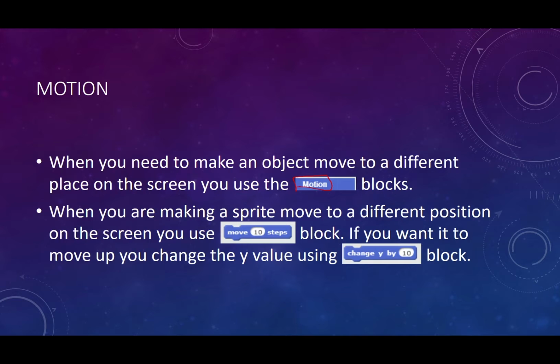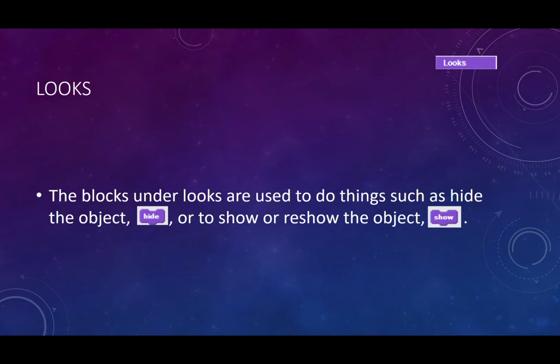Or you can use the change Y by blank, or change X by blank. That block is not listed, but it is there, because it's mapped in an XY axis coordinate plane. So that's how you would make it move.